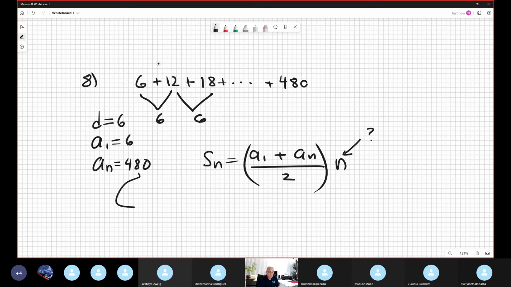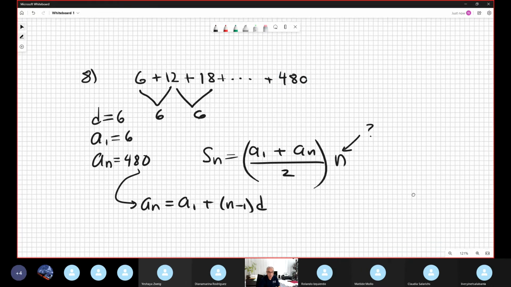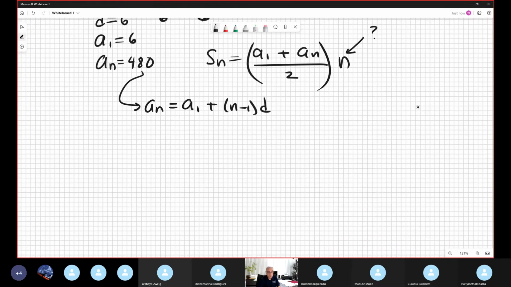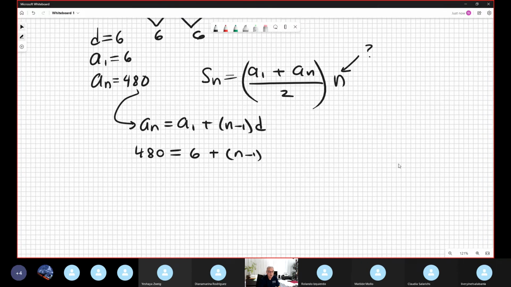So I know that a sub n is equal to a1 plus n minus 1 d, and the only unknown in this equation is n. So 480 is equal to 6 plus n minus 1 multiplied by d, which is 6. It's a coincidence, 6, 6.